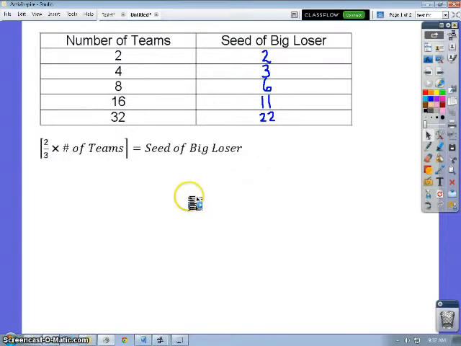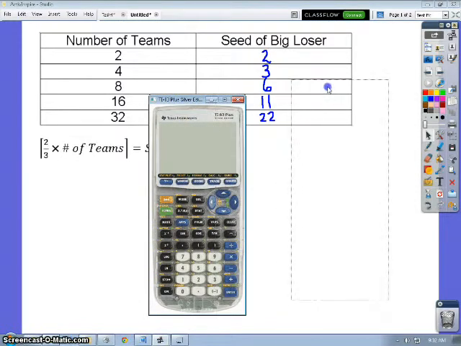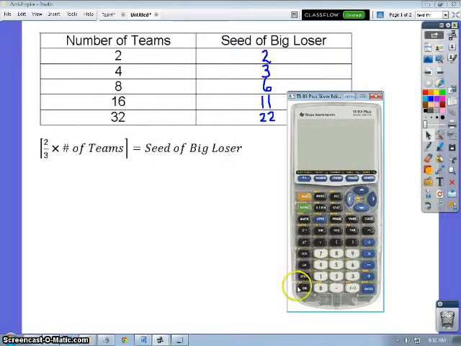Anytime you come up with an equation, you should always see that it actually works. So if I go back to my calculator here, let's try it with some of the numbers that we have in the data table. Let's run the ceiling function again, and maybe we'll take a look at this pair of values.